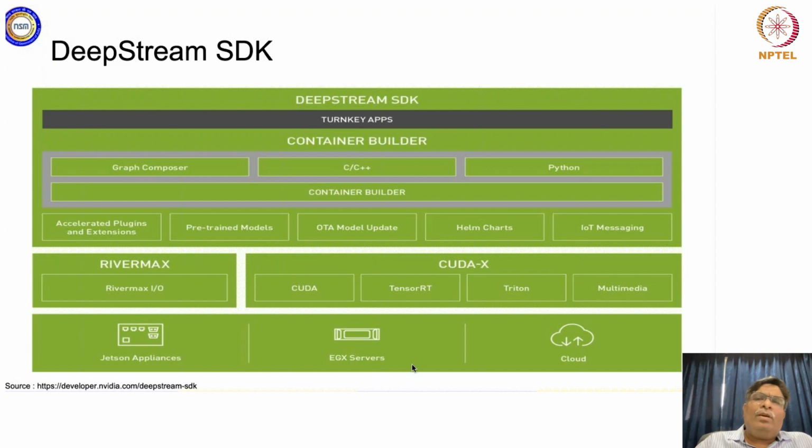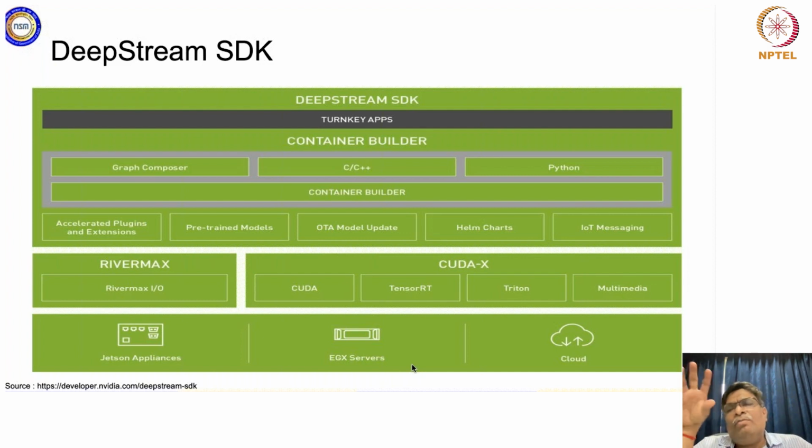Okay, so that the whole container could be developed, and then you can link that container for developing certain accelerated plugins and extensions. You can use that container with a pre-trained model. You can use that with one-time model update.